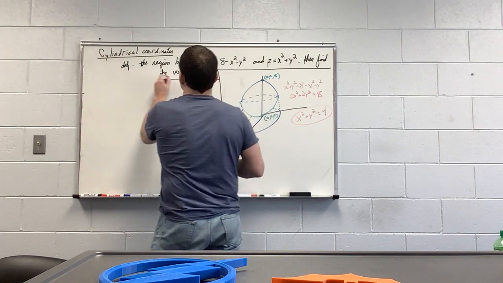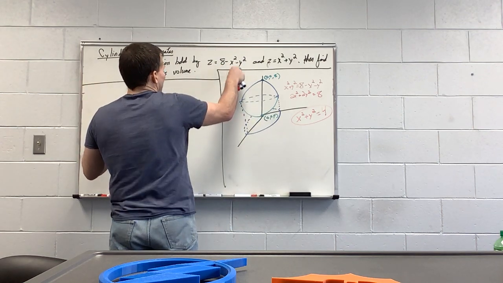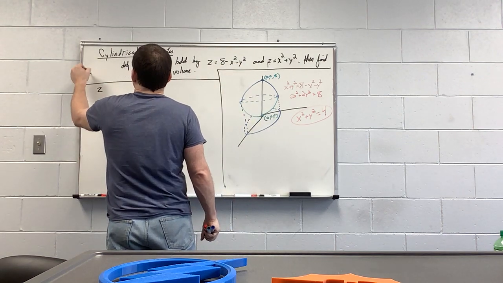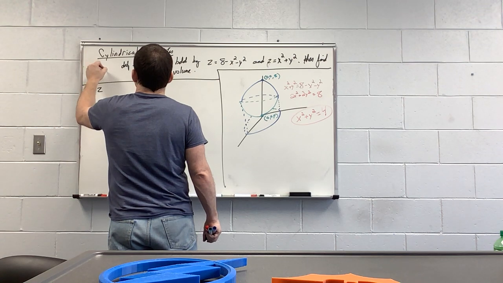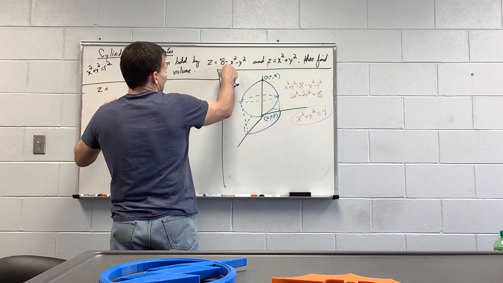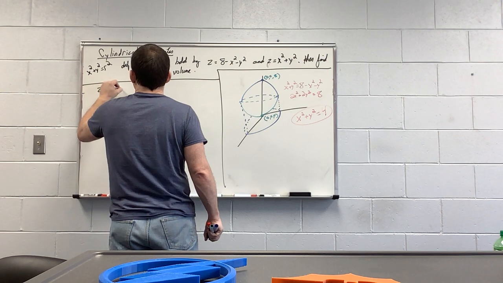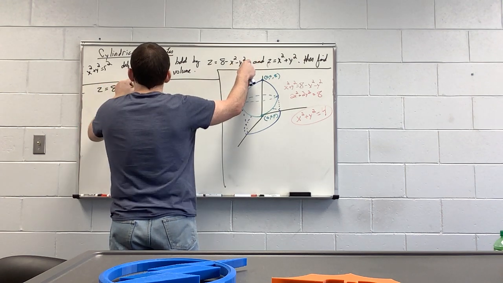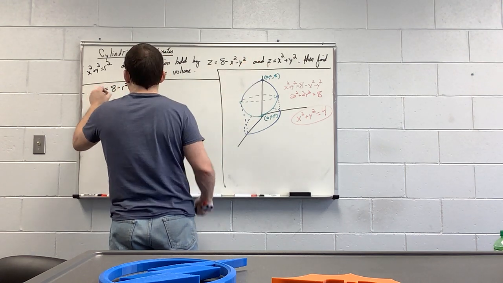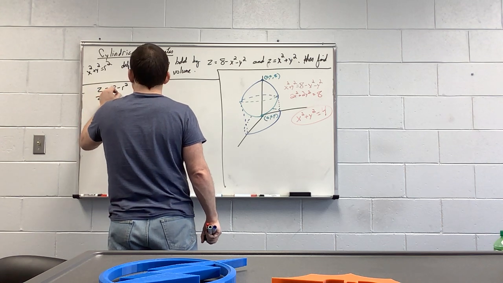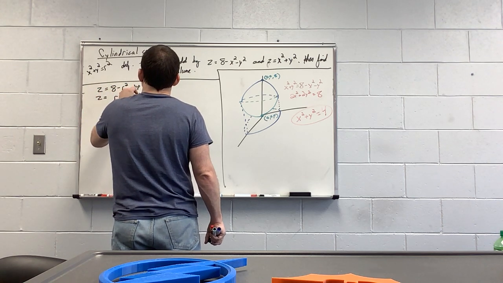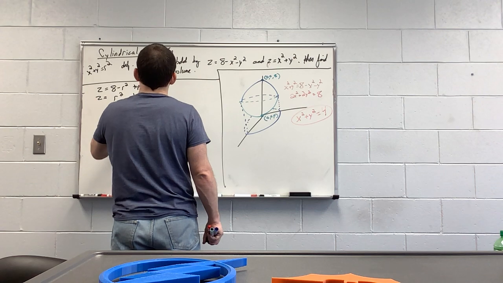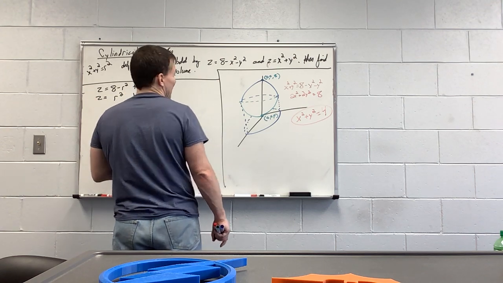So first off, I have to rewrite these in cylindrical, but I know that x squared plus y squared equals r squared. So this just becomes 8 minus r squared, and that's my top. This becomes r squared, and that's the bottom.